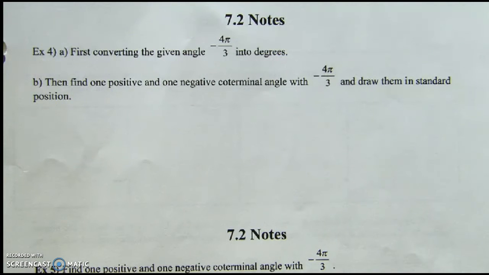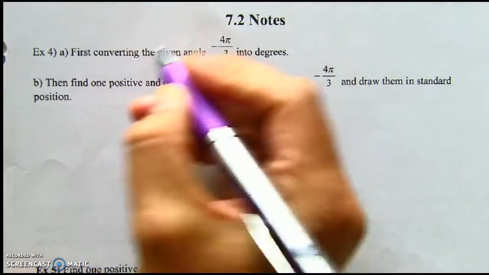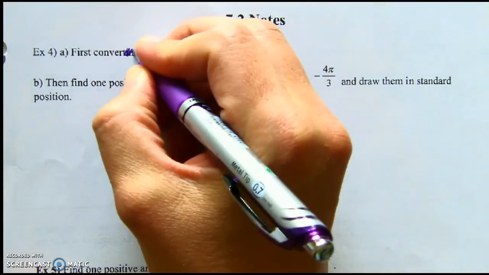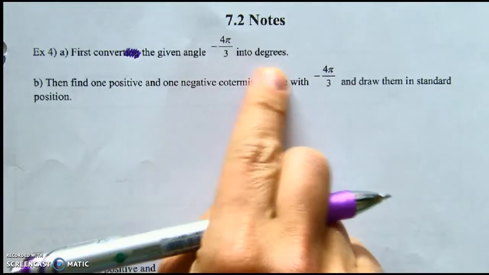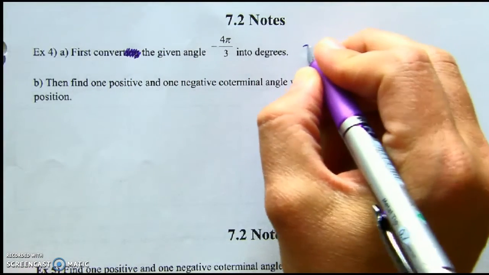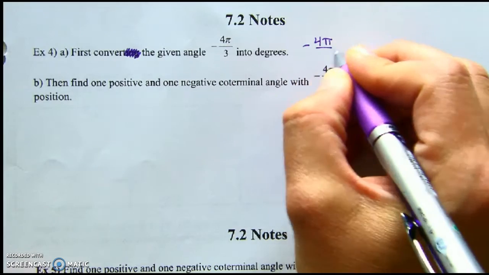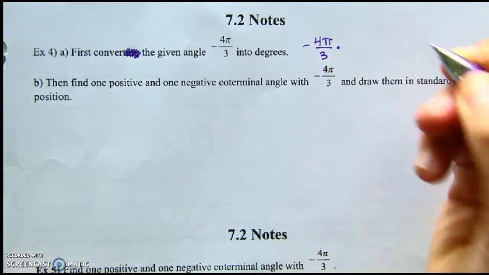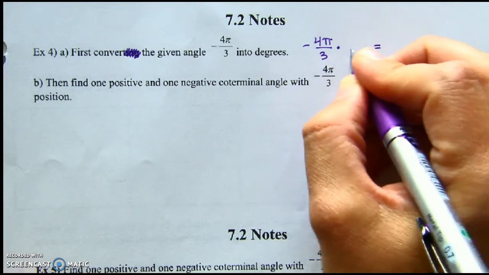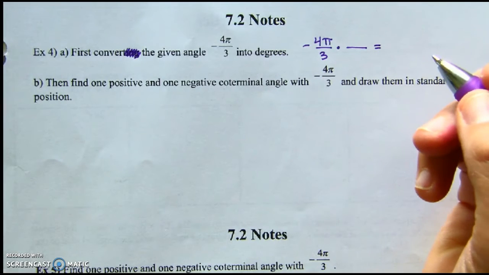All right, we have some bad English here, so you can correct all the mistakes. First, what should we do? Convert the given angle into degrees. Here we go. Do you want the pi in your answer? No. So where are you going to put the pi to cancel it?